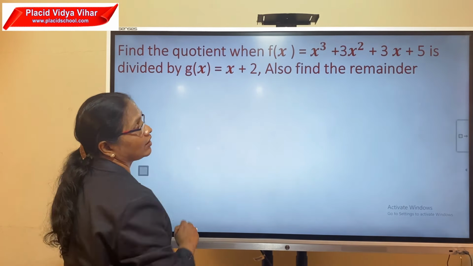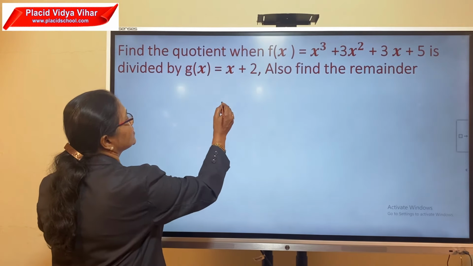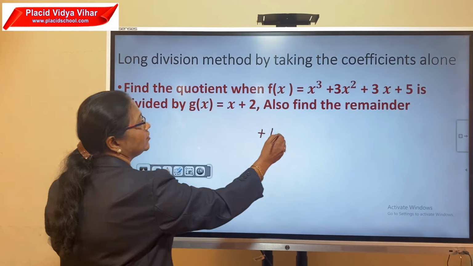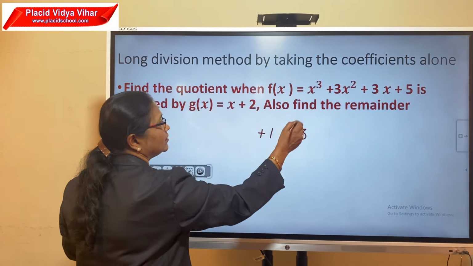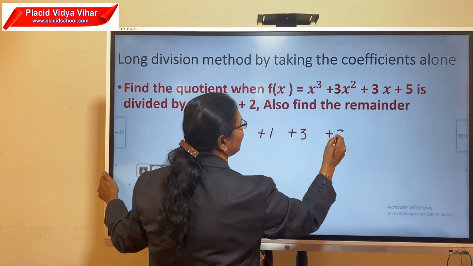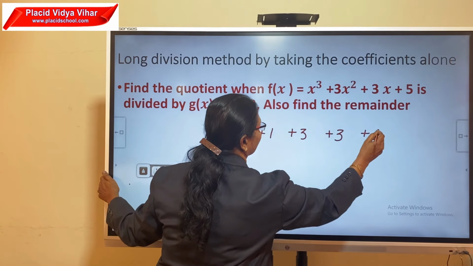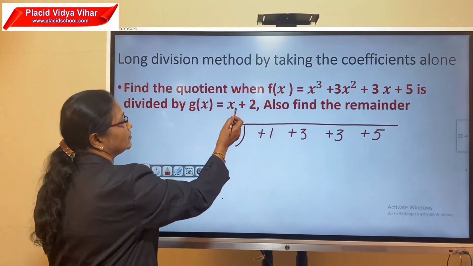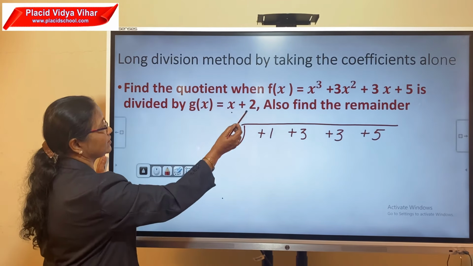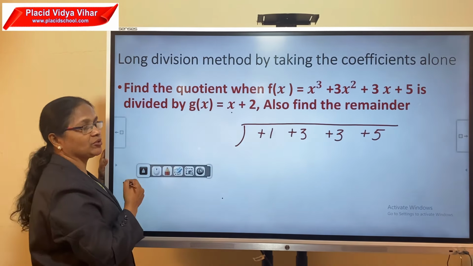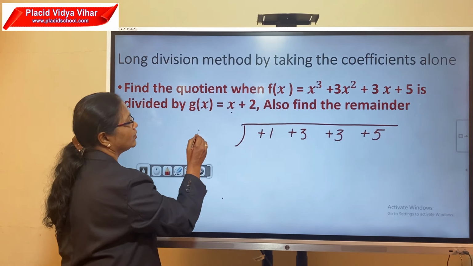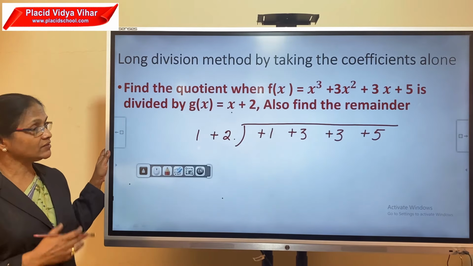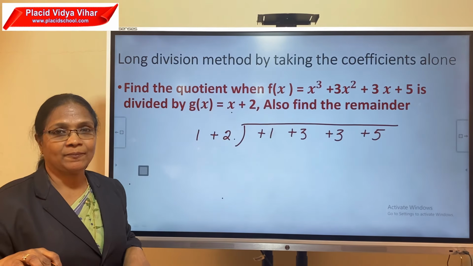Taking the coefficients of the dividend, it is plus 1, then plus 3, again plus 3, plus 5, divided by the divisor x plus 2. Again I am going to take the coefficients alone: 1 plus 2.